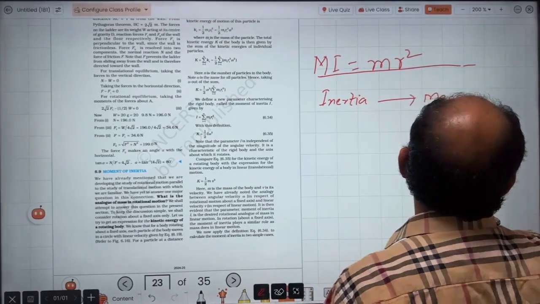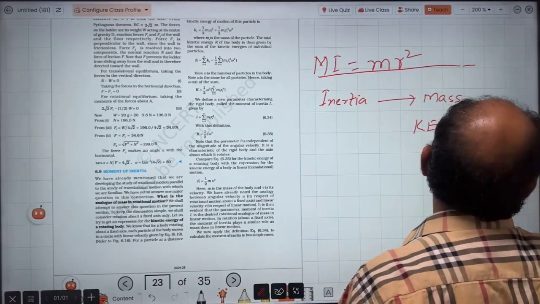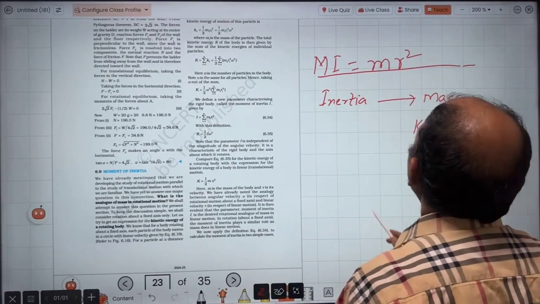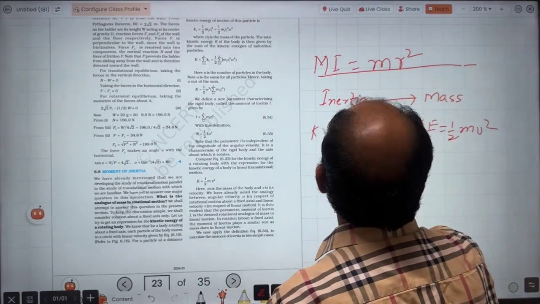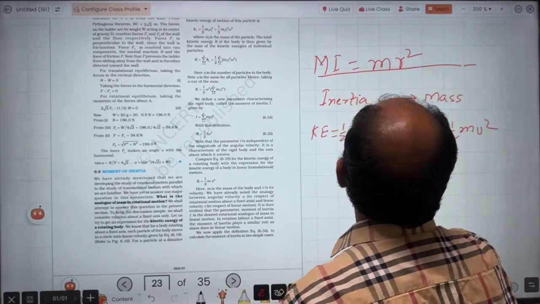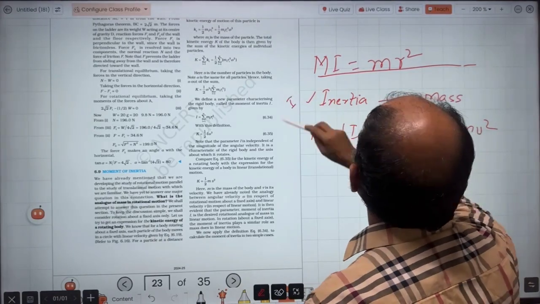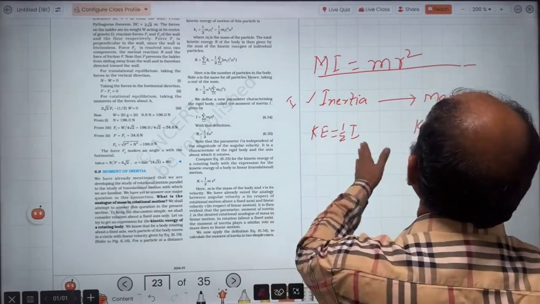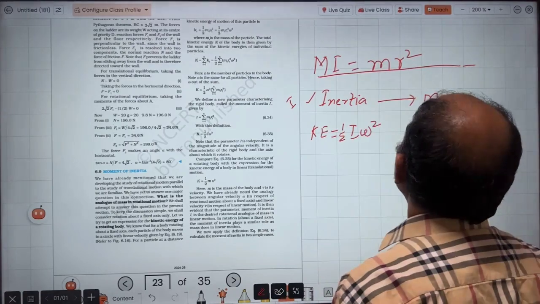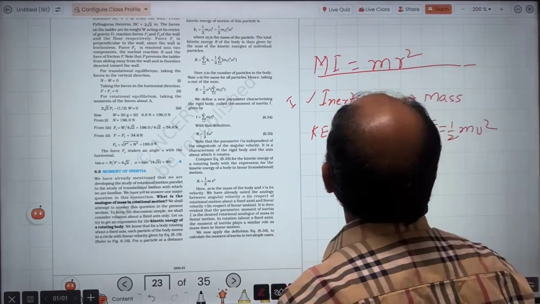Like when we write kinetic energy here, what do we write? We write 1 by 2 mv square. So in case of rotational motion, in place of m we will write I, moment of inertia, and then angular velocity will be taken into consideration. So I omega square.